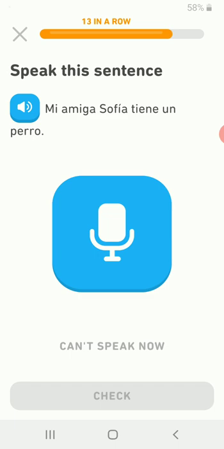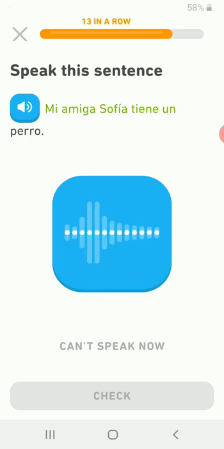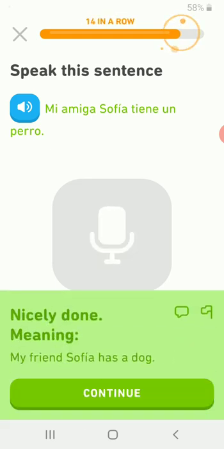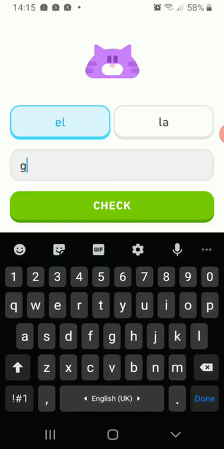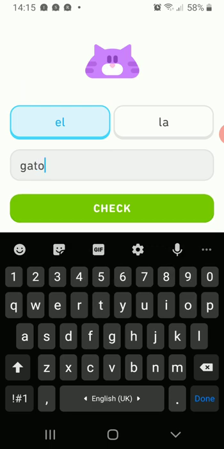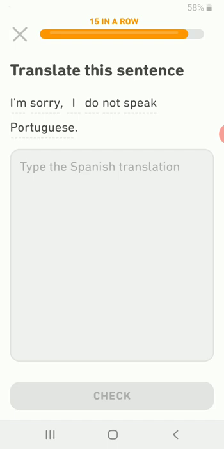Very good. Mi amiga Sofía, my friend Sofia has a dog. El gato. The cat. Good. And the last one.